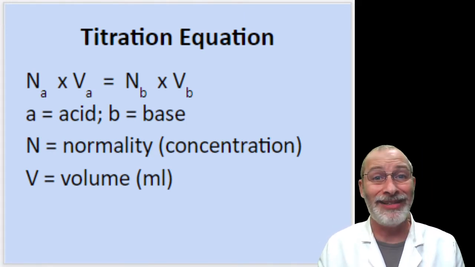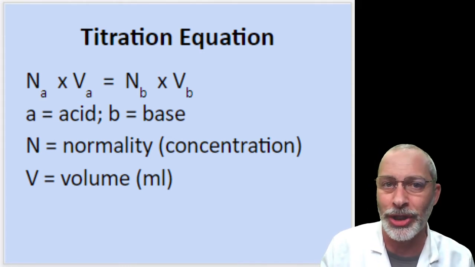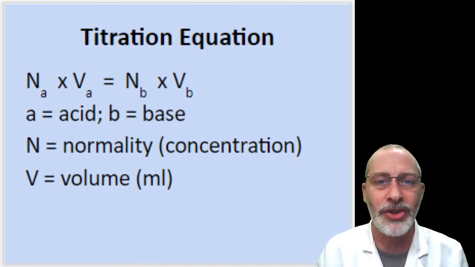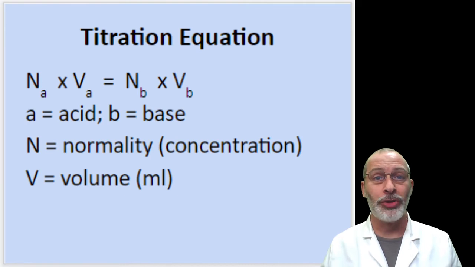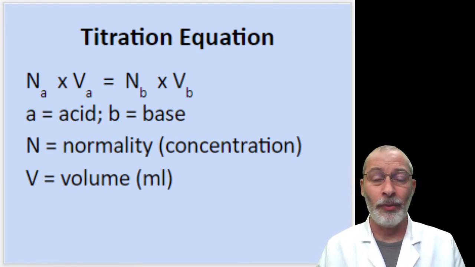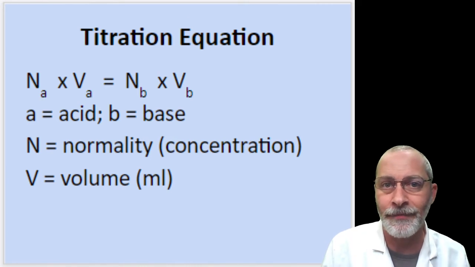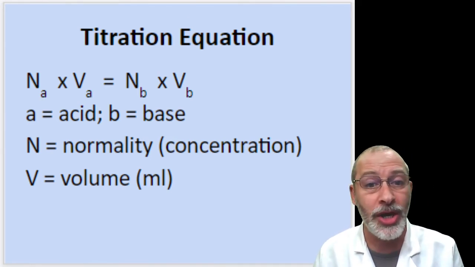But normality is a measure of the concentration of either an acid or a base. It's a measure of concentration. Just know that for now. V is a measure of volume, and we'll be measuring volume in terms of milliliters. So N is normality, a measure of concentration.